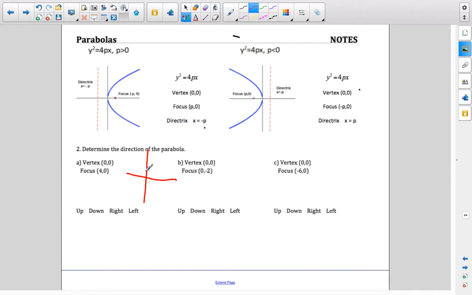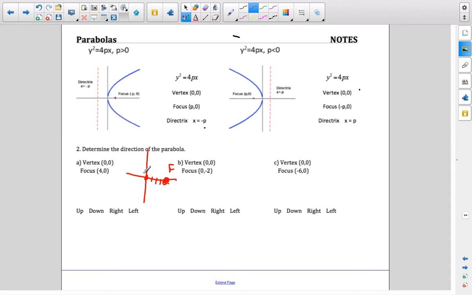If we have a vertex at 0, 0 and a focus at 4, 0, we're going over 1, 2, 3, 4, and 0. We're not going to go up or down. So here's our focus right here. This gives me an indication that our directrix is going to be going the opposite direction.